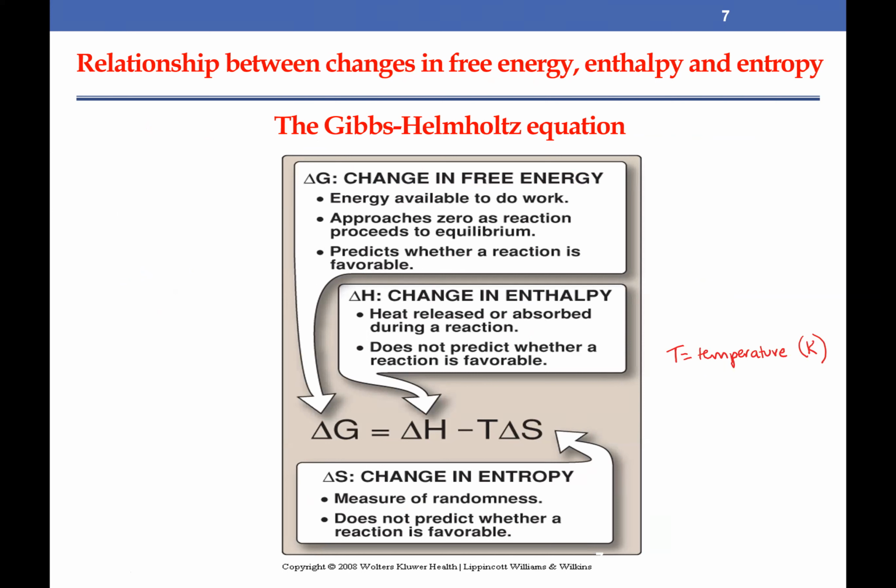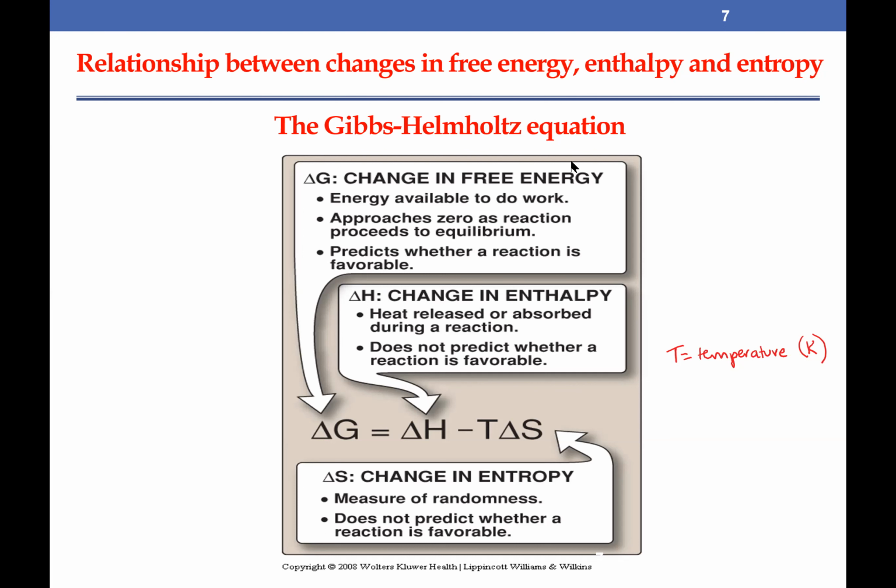Delta H, delta means change. H is enthalpy. So it's with H, like we're talking about heat. Is heat going to be released or absorbed from the surroundings? And that's called exothermic or endothermic reactions.